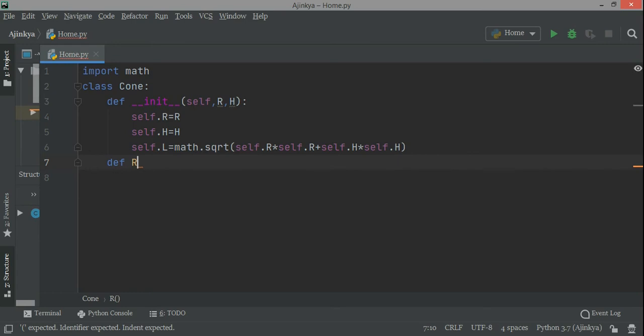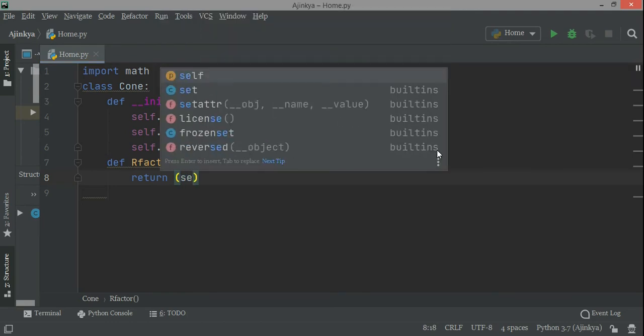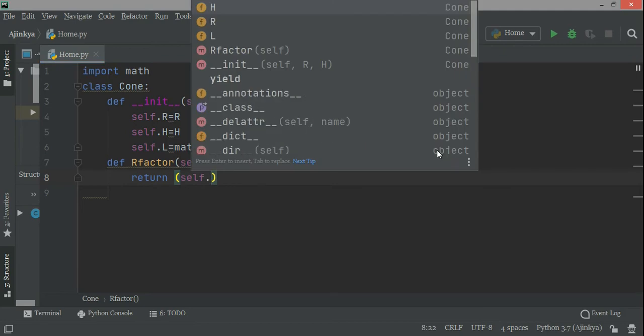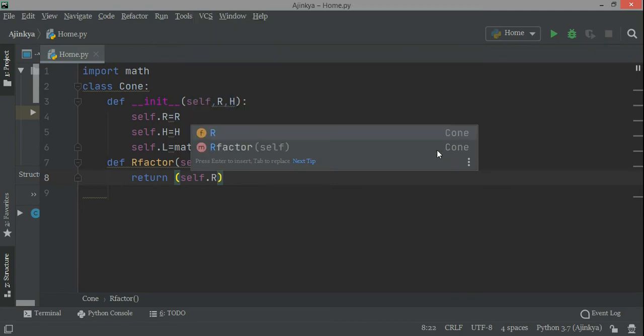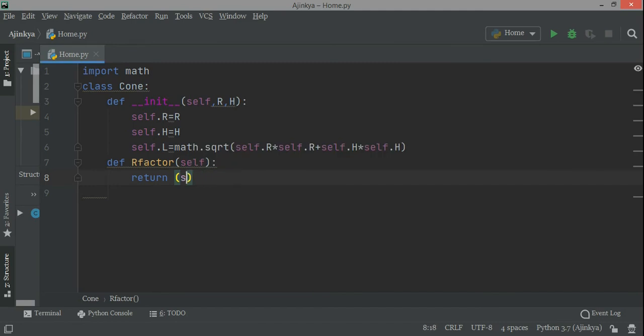That gives me k, the constant of proportionality, which I discussed in the mathematical part. Now I define a function called recovered cone. Suppose you want to find the volume: the smaller cone is removed from a bigger cone from the top, so both cones are similar, and the volume of a cone, as you all know, is 1/3 pi r square h.